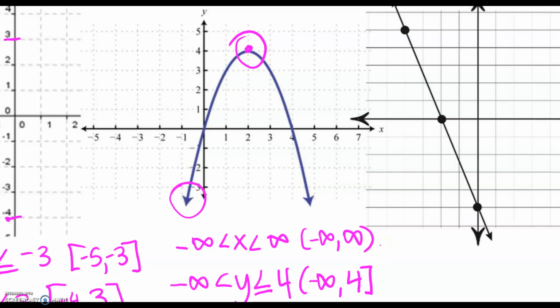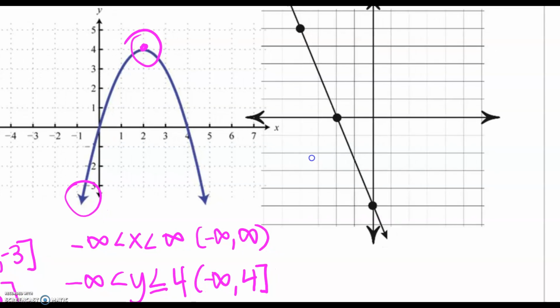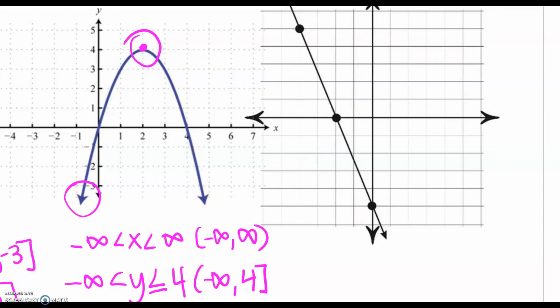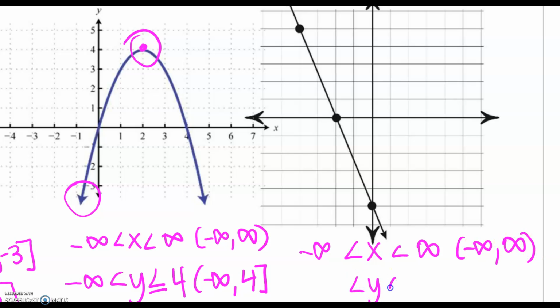Really cool. And then this last function is a line, and I can tell it's going to continue to get wider. So it's going to have negative infinity to positive infinity for x. And the same thing for y. It's going to keep going all the way up and all the way down, up to positive infinity, down to negative infinity.